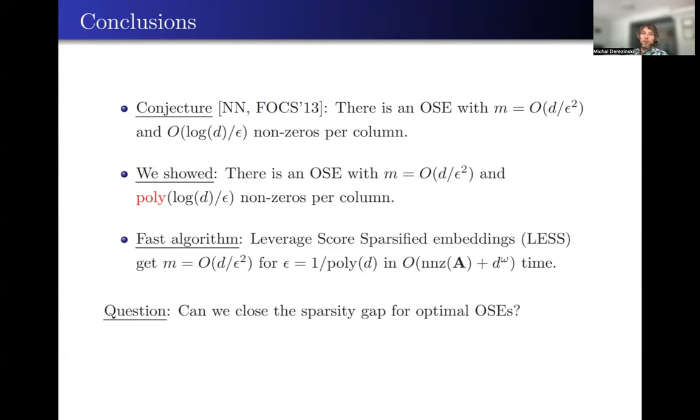We've actually since made some progress on this, and in our ongoing work we have been able to get the right dependence on epsilon in the sparsity, but not yet on the polylogarithmic factors. Okay, that's our paper, and thank you for your attention.